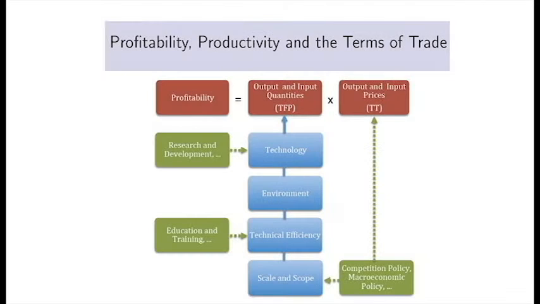Different countries will produce the same product using very different capital to labour ratios because of differences in prices. Macroeconomic policies that affect prices, competition policy that affects prices, anything that affects incentives will change scale and scope. Anyway, that's basically the story. Competition policy affects the scale and scope, it affects the output and input prices.